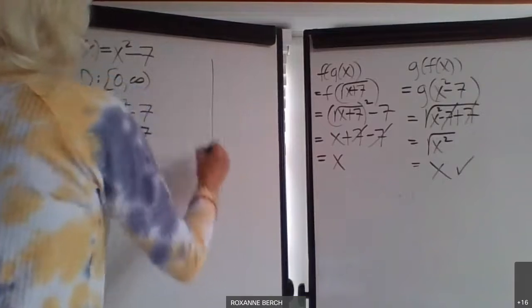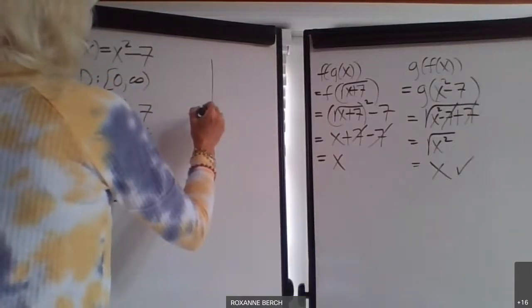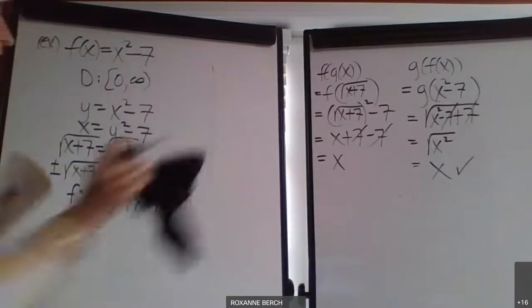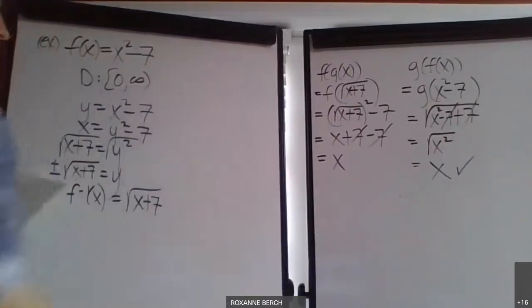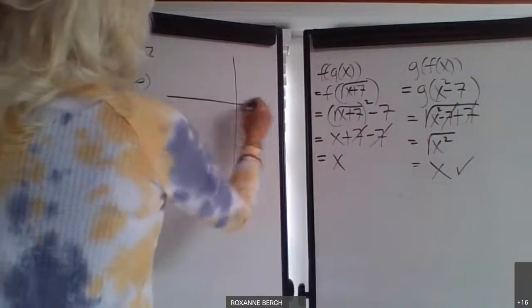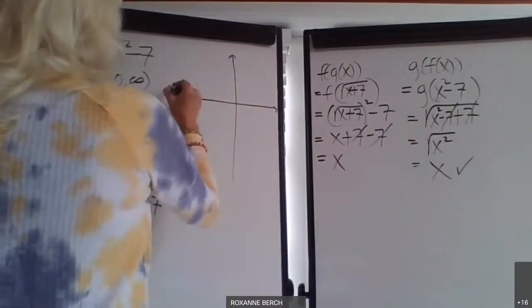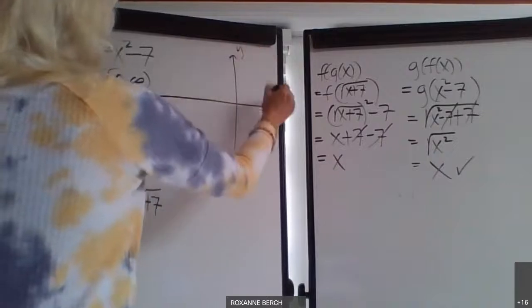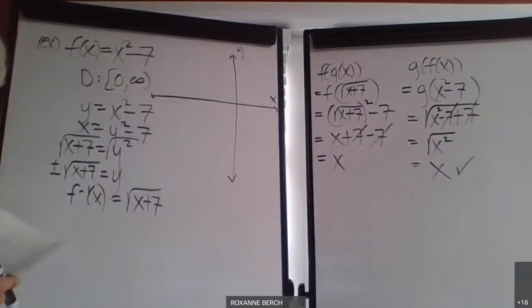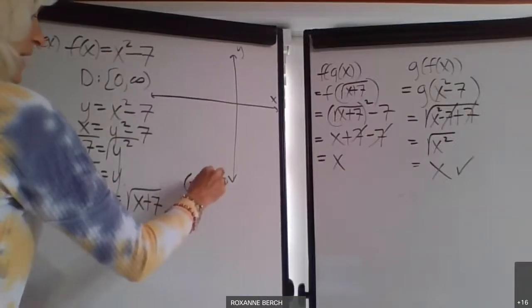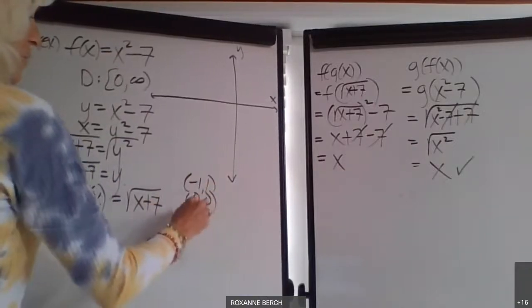So now when we graph the quadratic, the parent points are left 1, up 1, 0, 0, right 1, up 1.